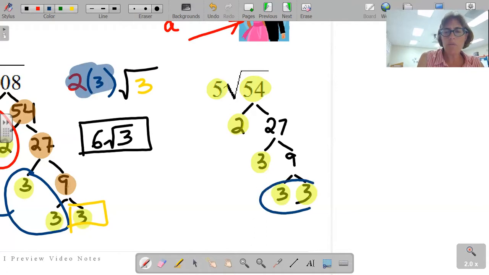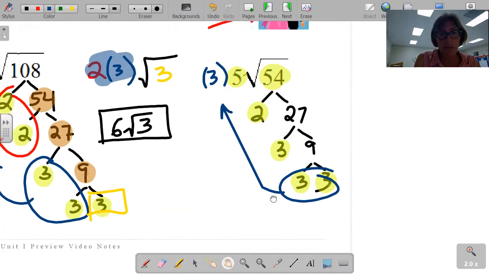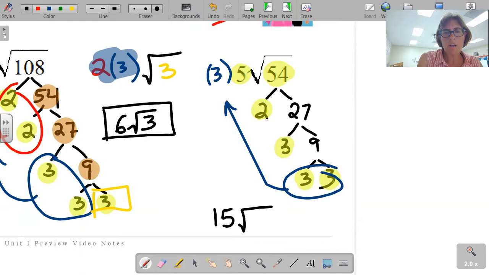We have a pair of 3s get to go out as a single couple, quote unquote. So on the outside, 5 root 54 simplified looks like this: 3 times 5. Then I have a 2 and a 3 without a date. They stay home, have a party, and that's going to be 6.